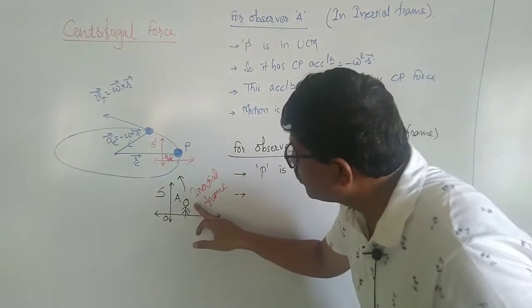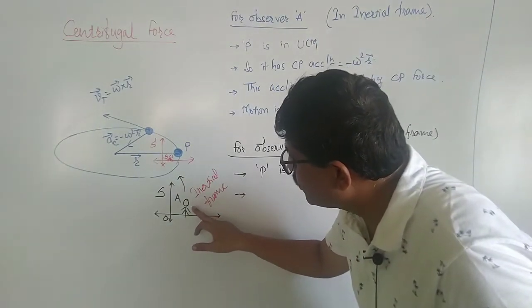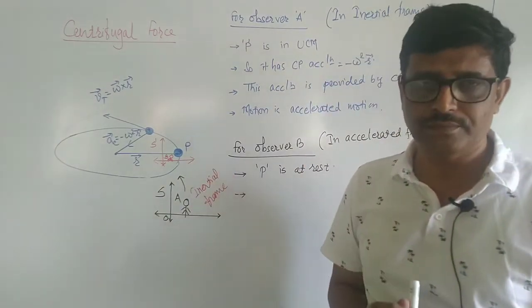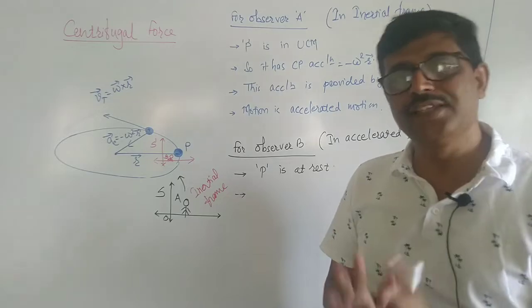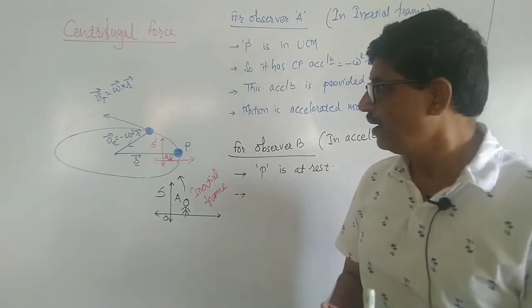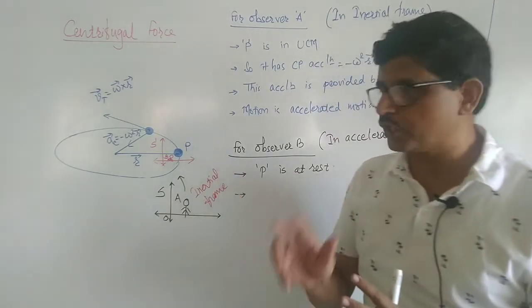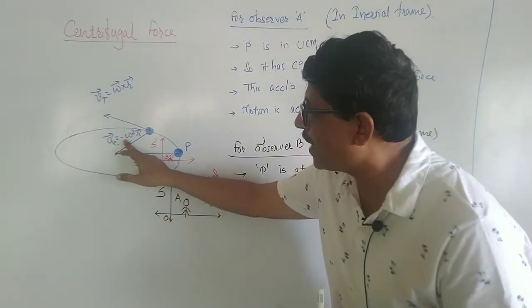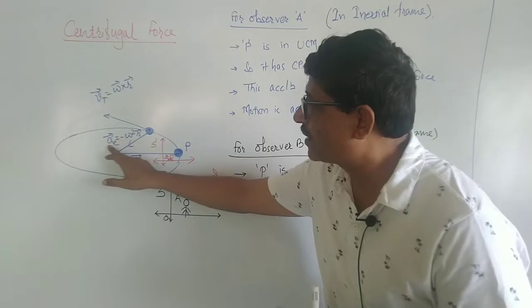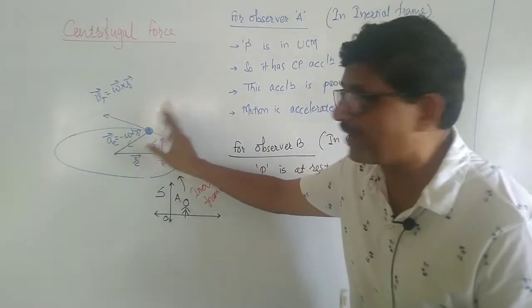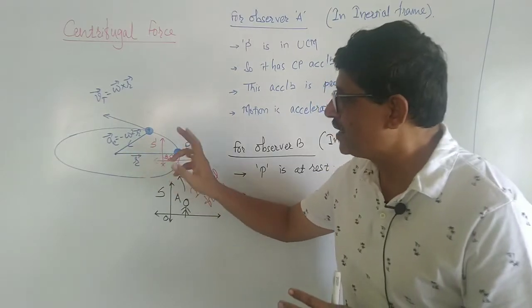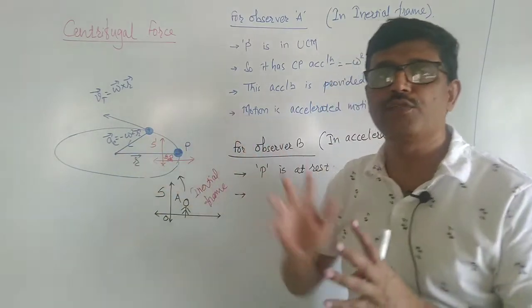What A observes is that P is in circular motion. He justifies that P is in circular motion because it has centripetal acceleration given by vector a_c equal to minus omega square vector r. This centripetal acceleration is given by a centripetal force.